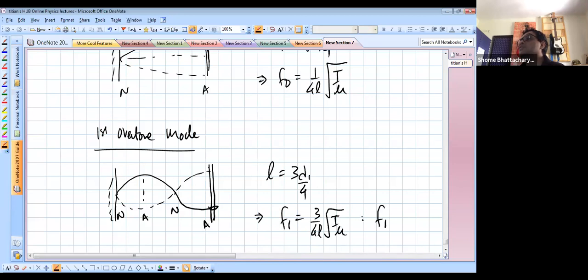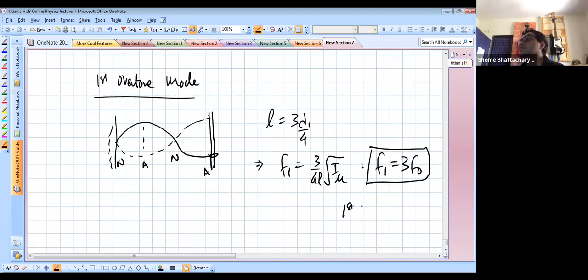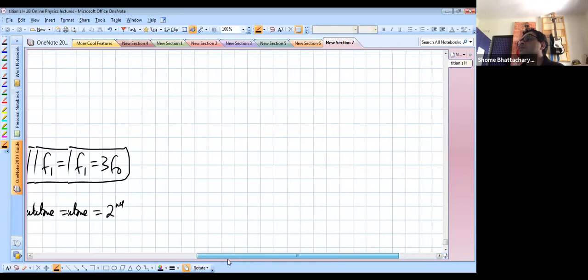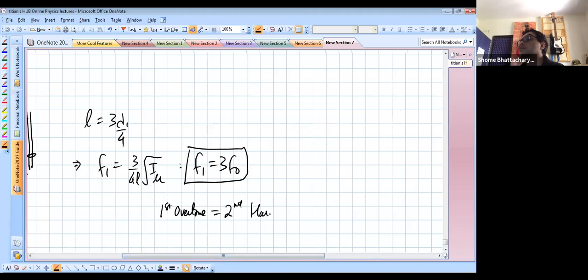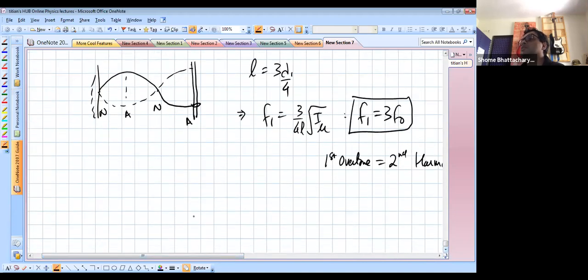So here you can see the formula is different. The first overtone is the third harmonic of the fundamental. The second harmonic does not exist. In general, the even harmonics don't exist here. The second overtone, for example, will look like this.